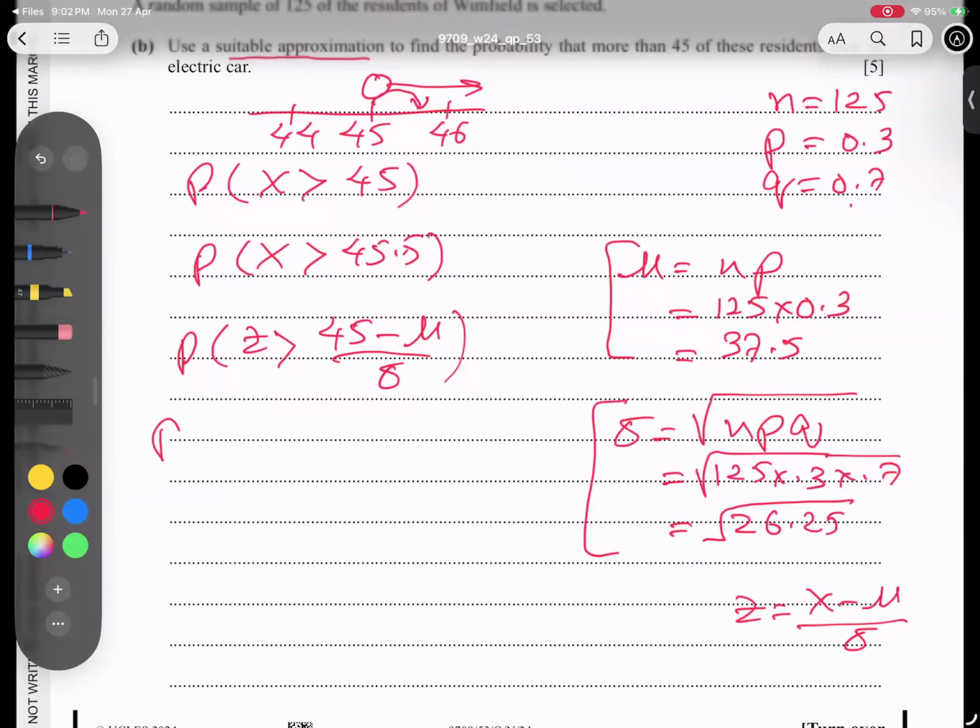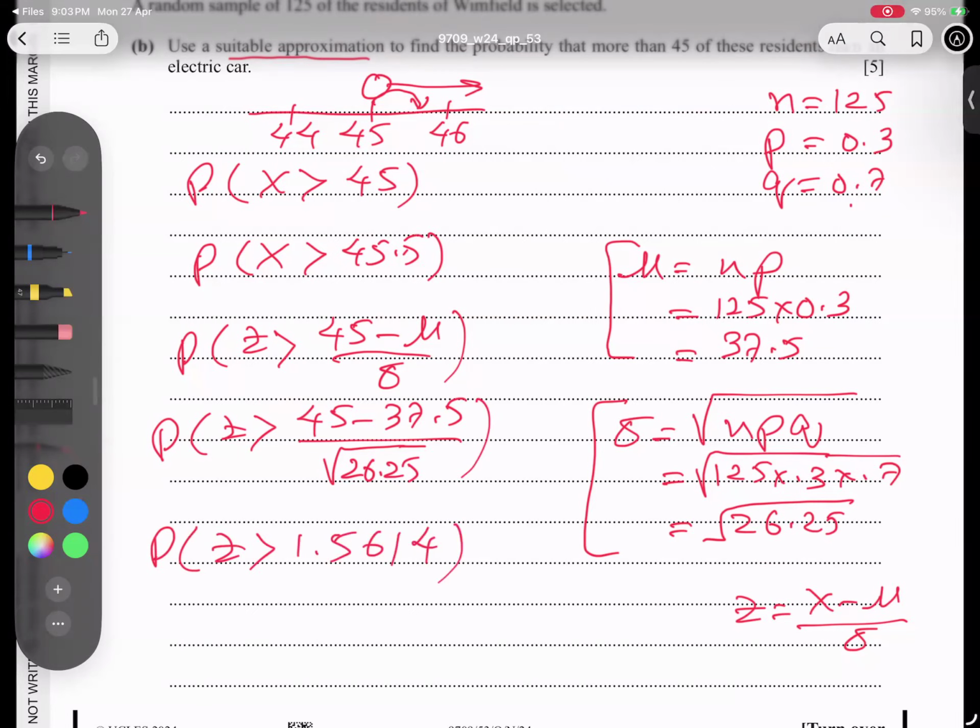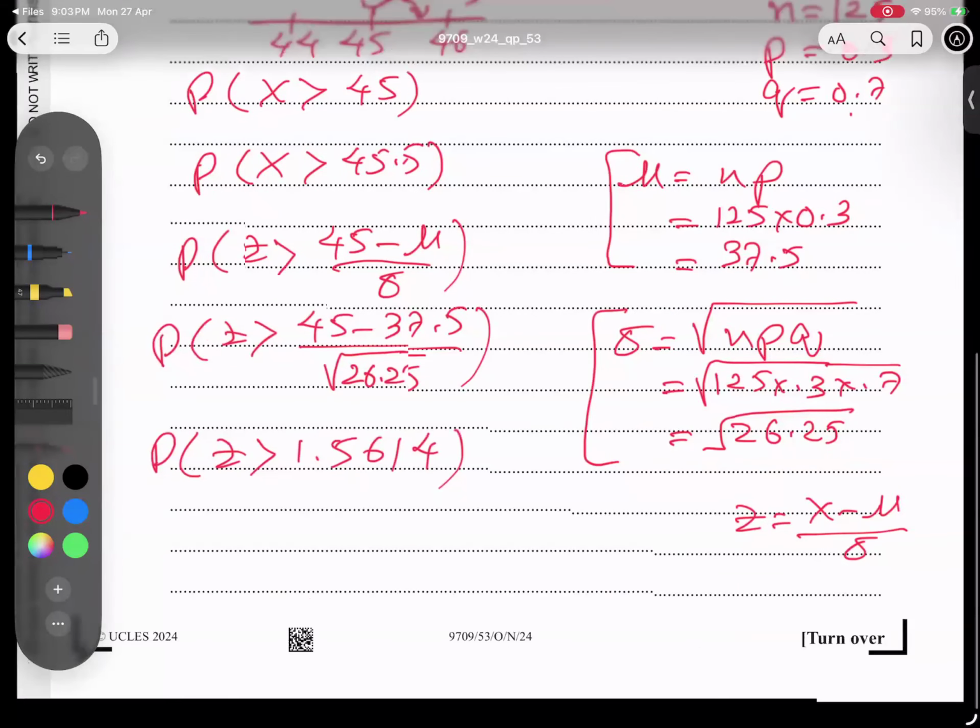So I'm going to plug in the values: 45.5 minus 37.5 over the deviation, root of 26.25. When you type it in the calculator, its value is 1.5614. But you know, students, we always take 3 dp only, rounding to 3 dp.